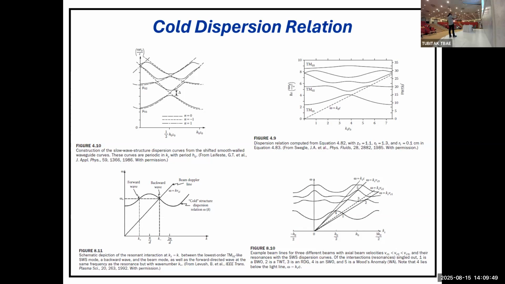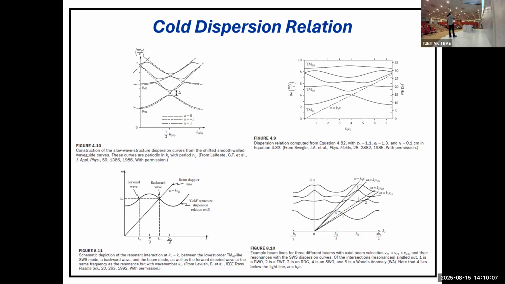So this plot is showing you that if you are here, you are probably doing backward wave because the slope at this point is negative. And if you have the operating point, the electron beam, right here, you have positive slope, that's forward wave.